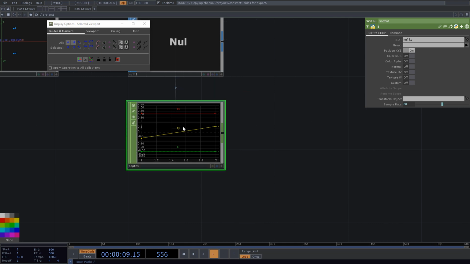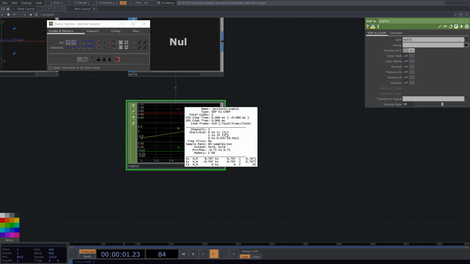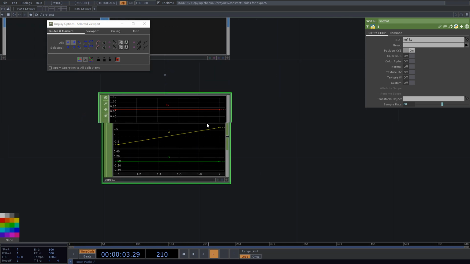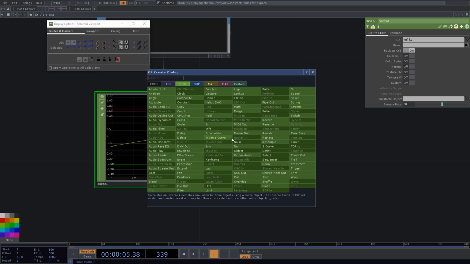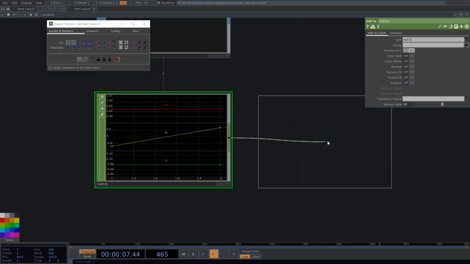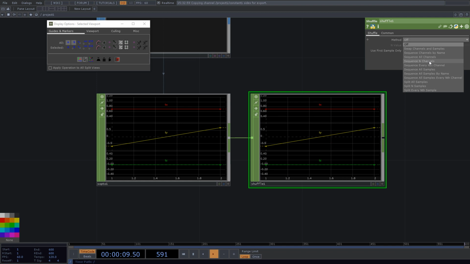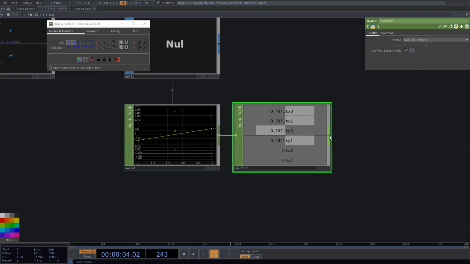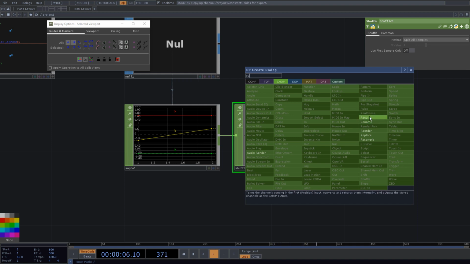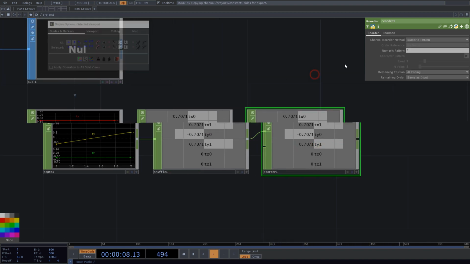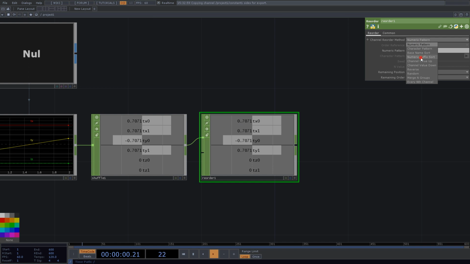I have 2 points here, only 2 samples, and I use shuffle to put them in a different order. So split all samples and then reorder by numeric suffix sort.